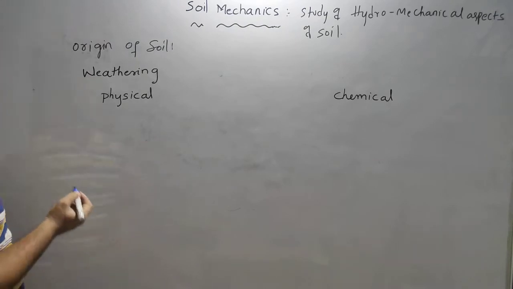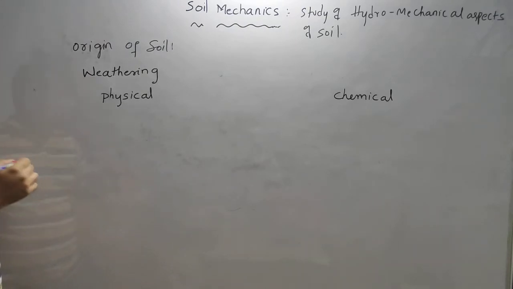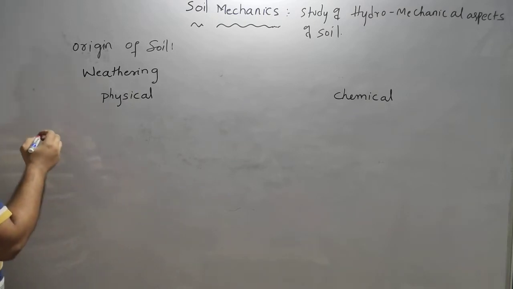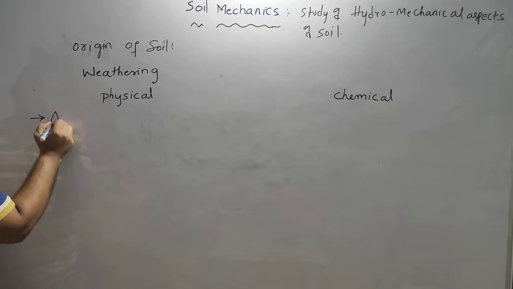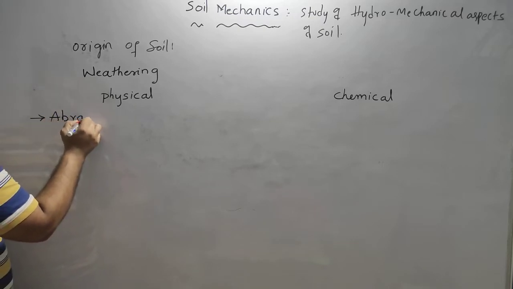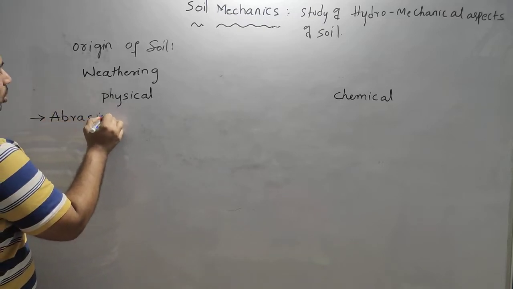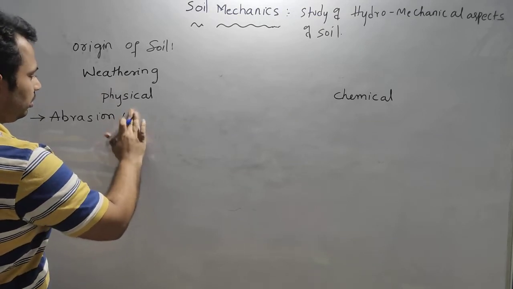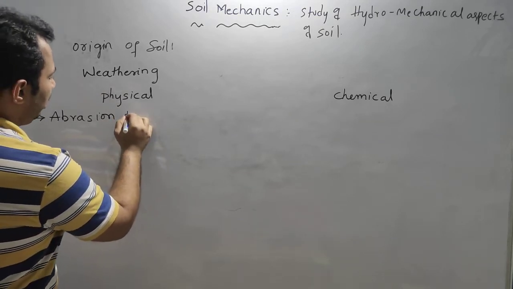See, in physical weathering there are many factors which cause physical weathering. Major factors I am discussing. One is abrasion or attrition. Abrasion and attrition.